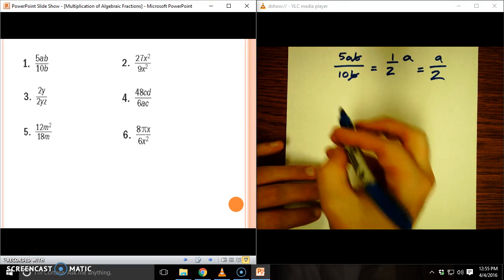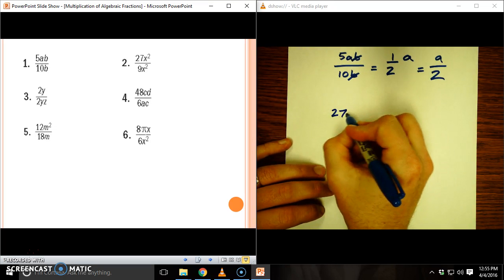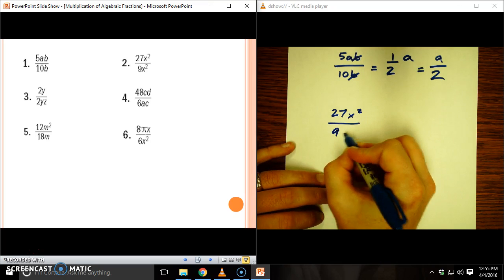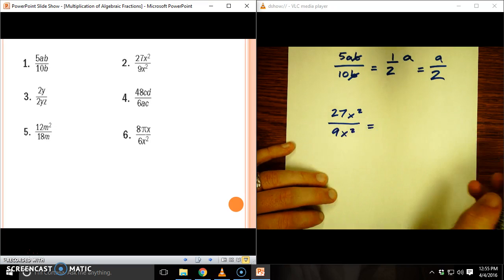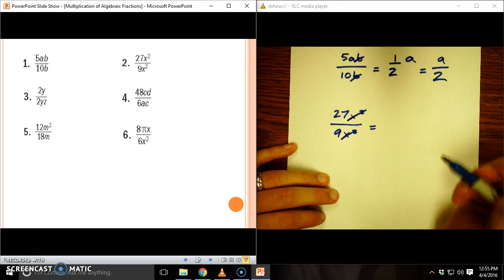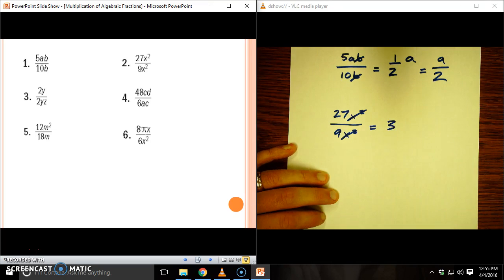What about 27x squared over 9x squared? Well, you have x squared and x squared, those are going to cancel. It's a matter of doing 27 divided by 9. So that equals 3. So that's 1 and 2.